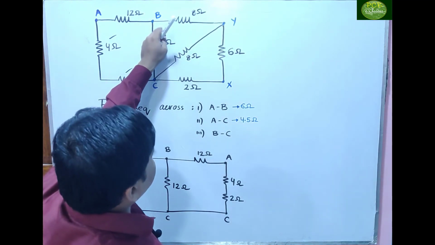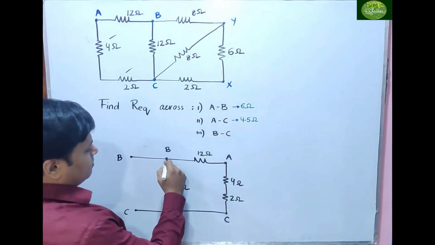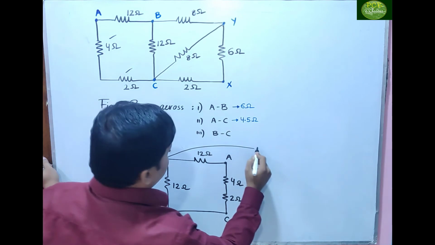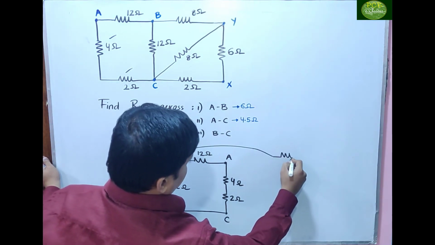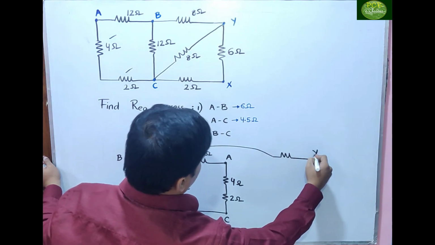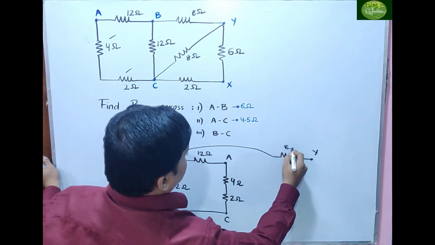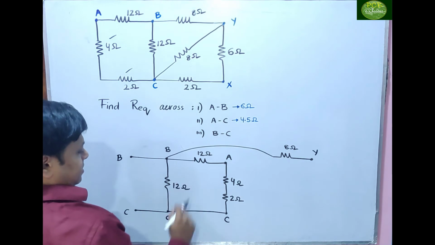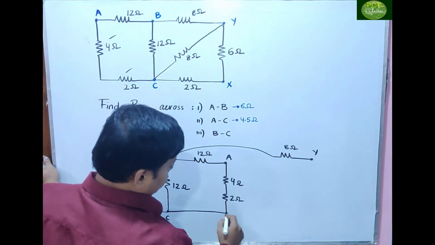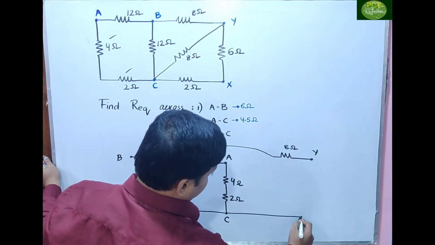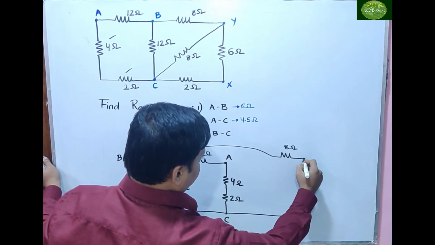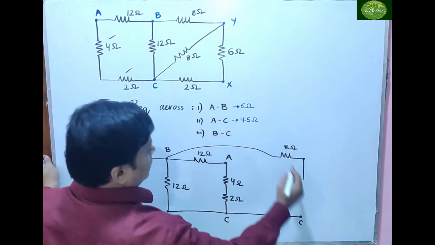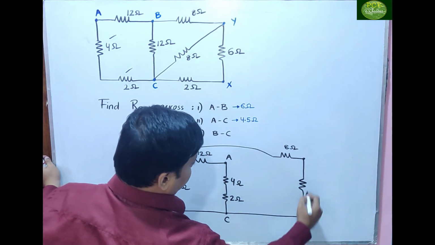Next, B to Y, we don't know what is B to Y, so I am taking this one as Y, and this is 8 ohm. Next, C to Y, what is that? 8 ohm is there.